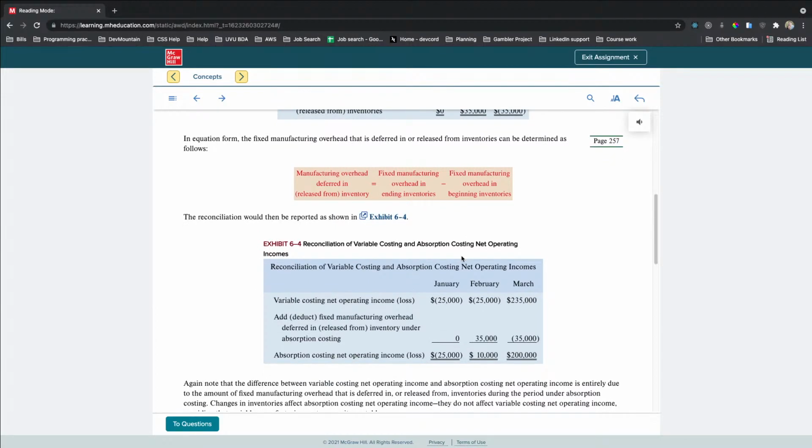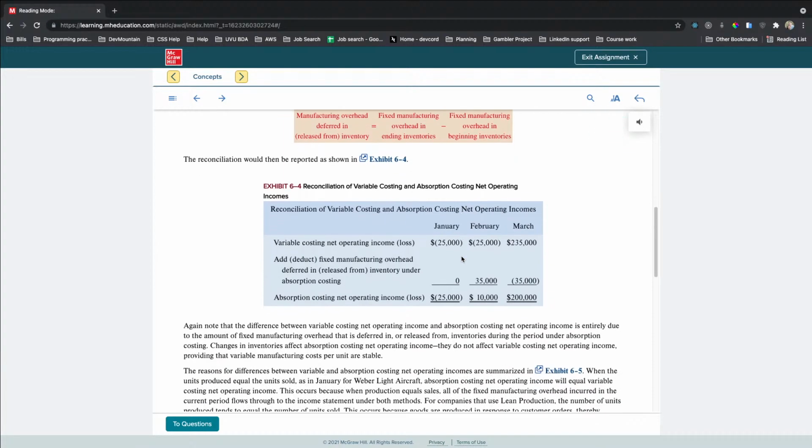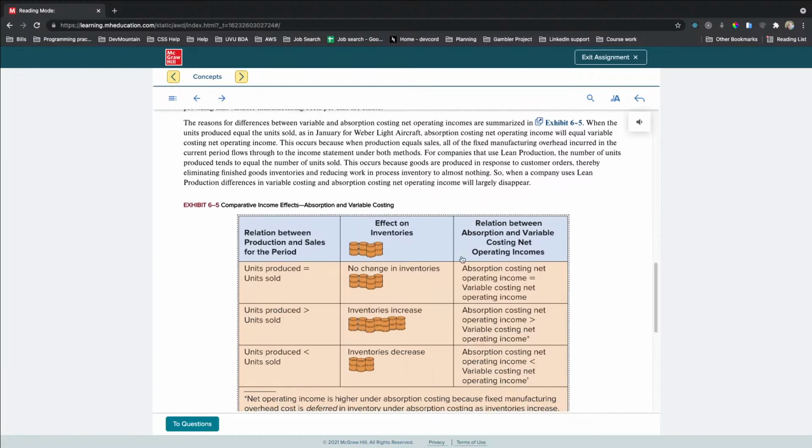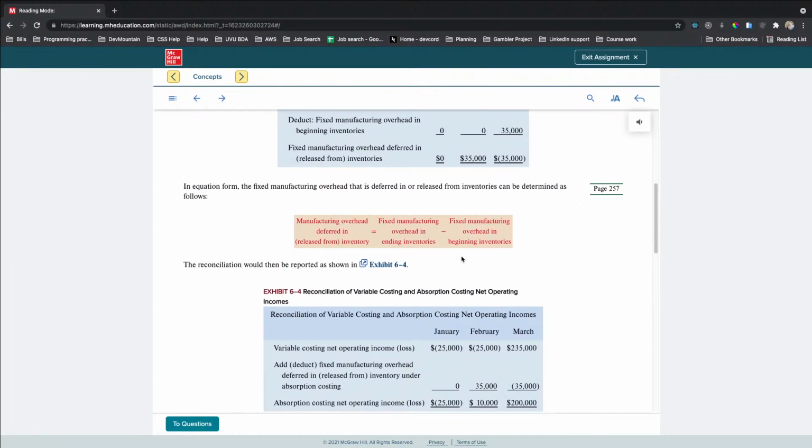Yeah, that makes sense. So this would be the change.